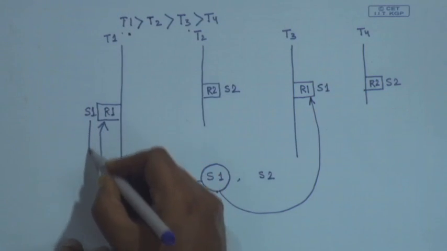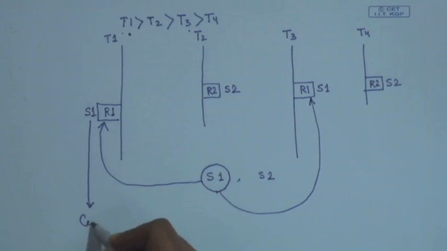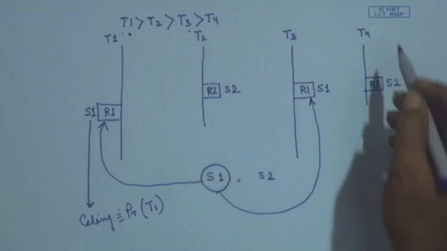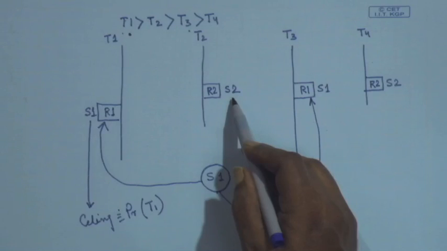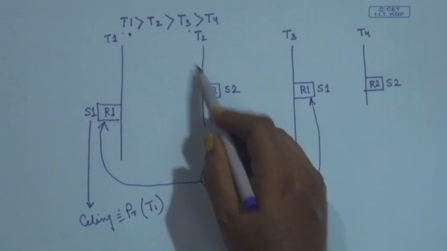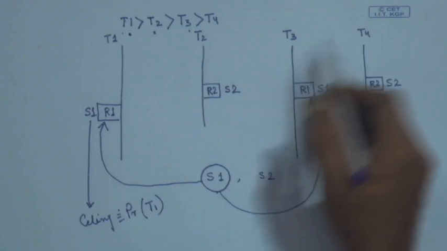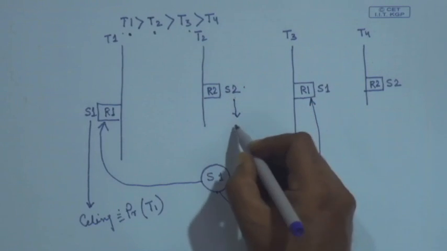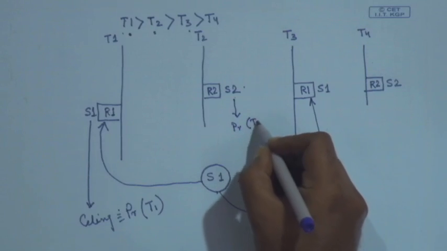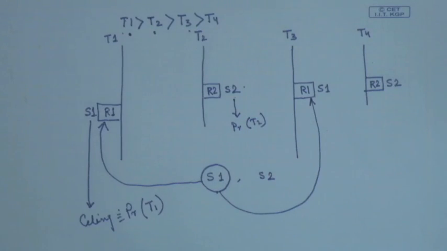So, the priority ceiling of S1 will be that of the priority of T1. Similarly, between T2 and T4, they are contesting over semaphore S2. Therefore, T2 having higher priority than T4, the ceiling of S2 will be the priority of T2. All right. Now, let us see what happens.